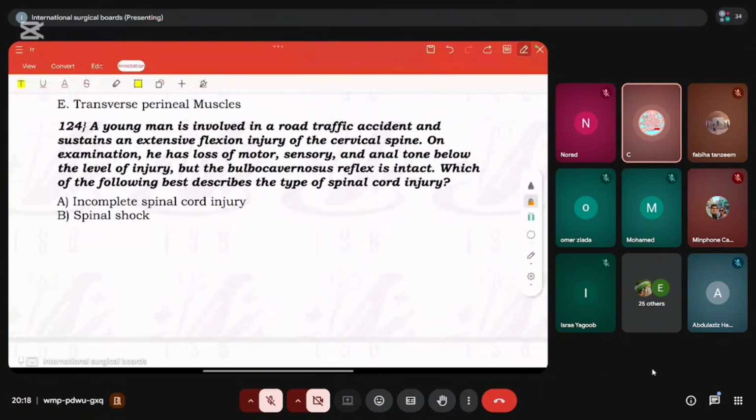A young man in an RTA sustains an extensive flexion injury of the cervical spine. He has loss of motor, sensory, and anal tone below the level of injury, but the bulbocavernosus reflex is intact. Which of the following best describes the type of spinal cord injury?